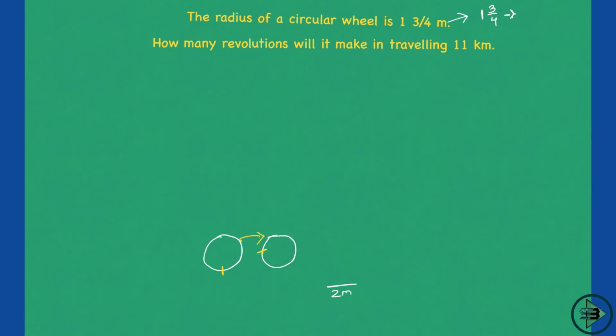Then it is again traveling, so it is going round, and this point again comes here. Now it is again traveling, and then this point comes here, and then again traveling, so this point comes back to the original position, which is this. This is what you call one revolution.